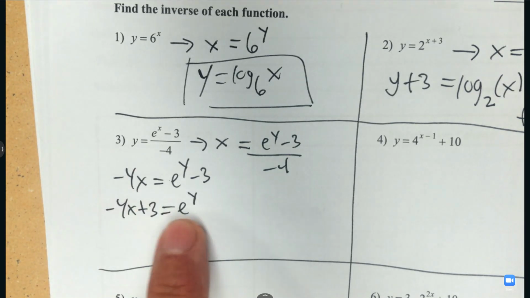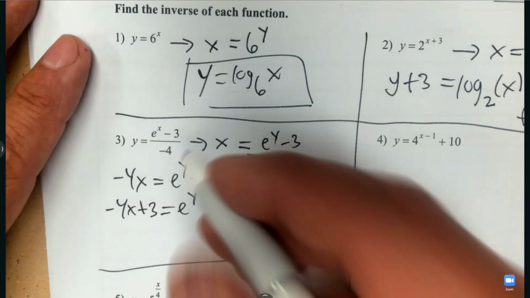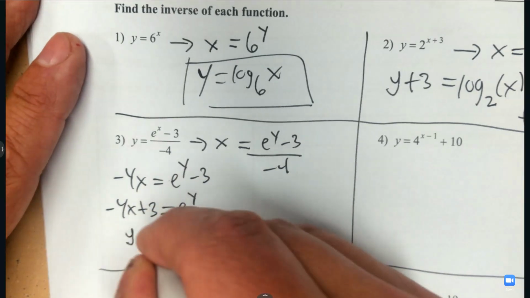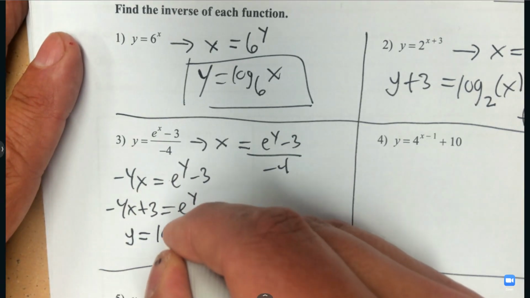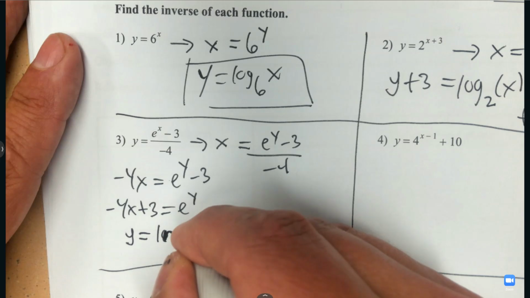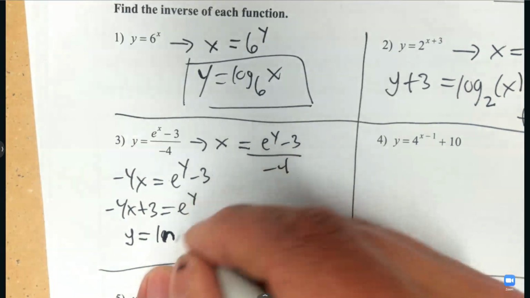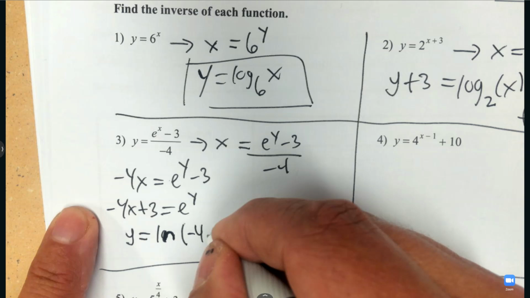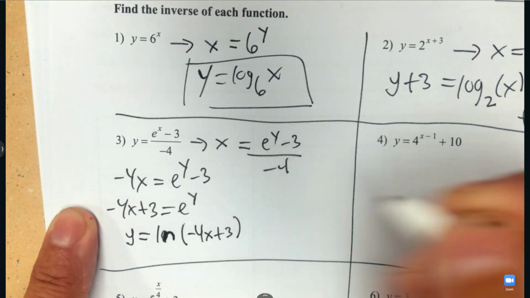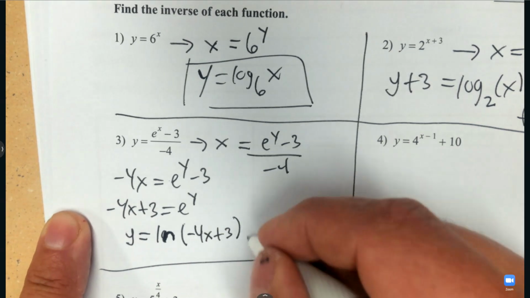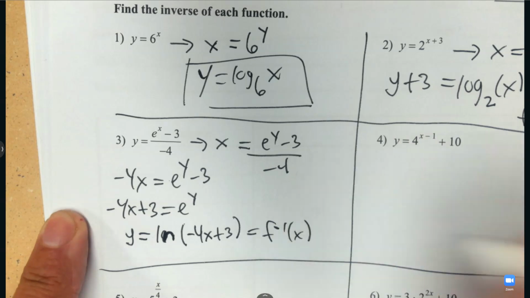Now I can inverse the exponential. So another way to write that exponent y is as a logarithm. Now the base is e. So the logarithm with the base of e is ln, the natural logarithm. And then inside that logarithm is negative 4x plus 3 with parentheses. And again, we can use this symbol for inverse.